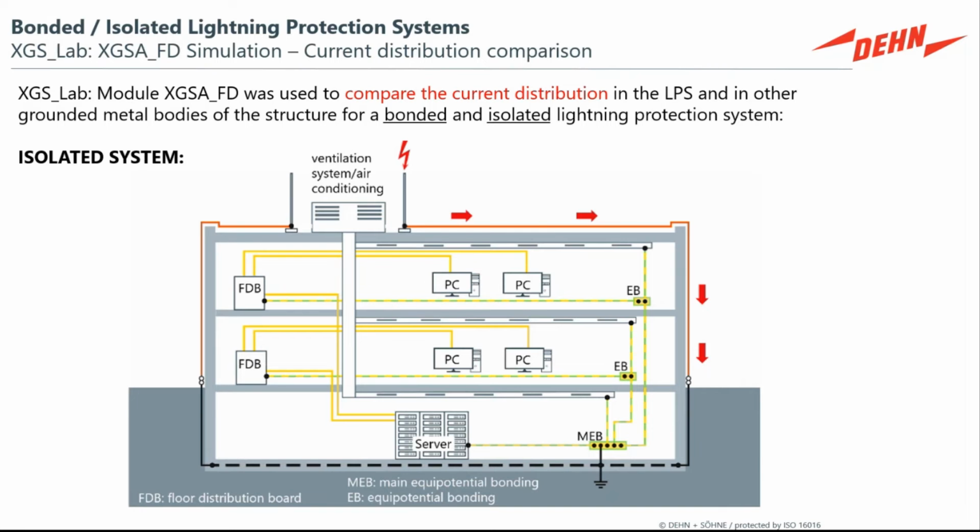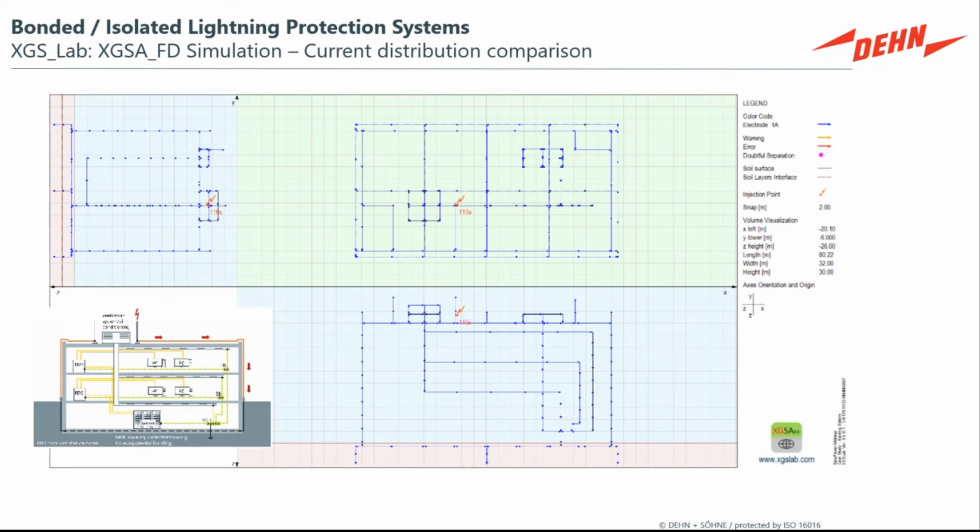When we do this sort of modeling, we find a very striking effect when we compare two types of systems: where the lightning protection is bonded directly into the electrical grid grounding of the structure, or isolated from the structure. When we look at these system schematics, we see the amount of lightning energy that's being injected down into the electrical distribution center.